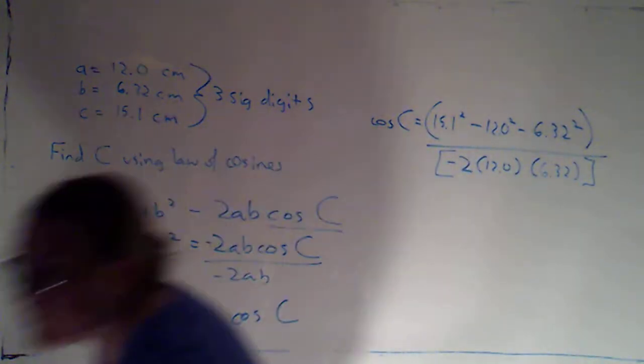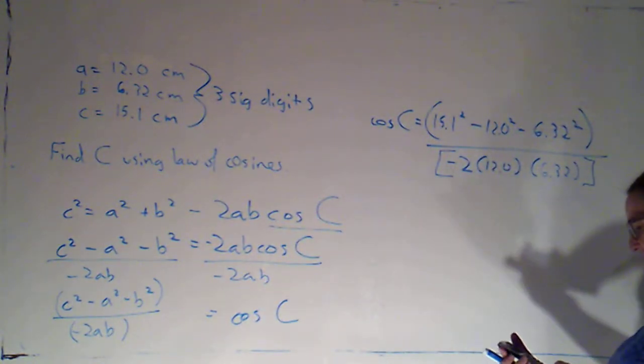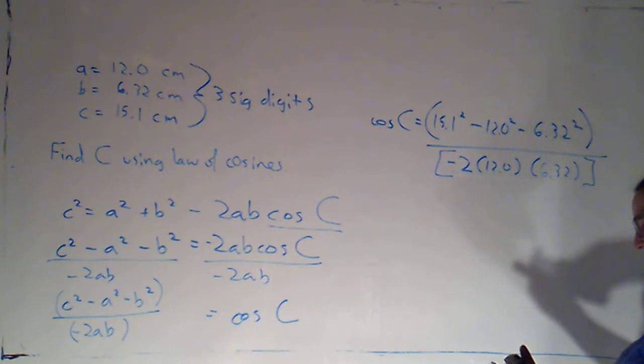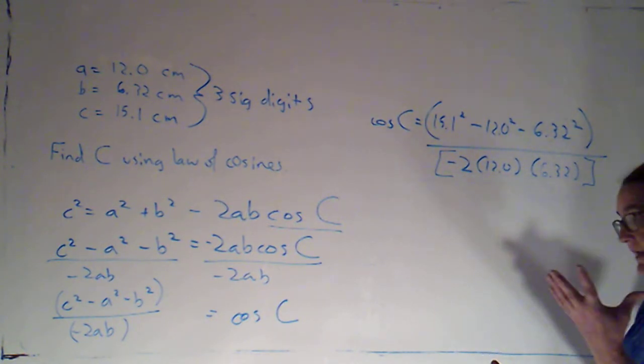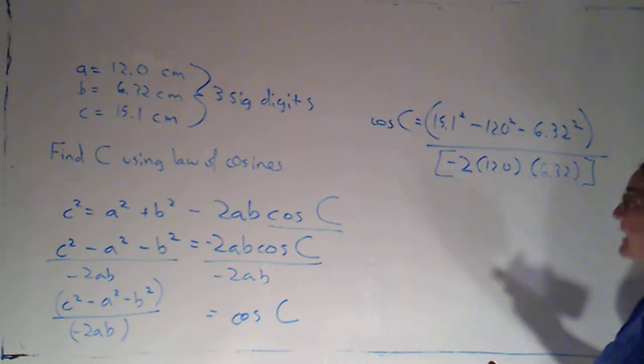Make sure your calculator is in degree mode. Let's do this. 15.1 squared minus 12.0 squared minus 6.32 squared, and I'll just hit equals. That way I didn't need parentheses, but I've done the arithmetic on top.